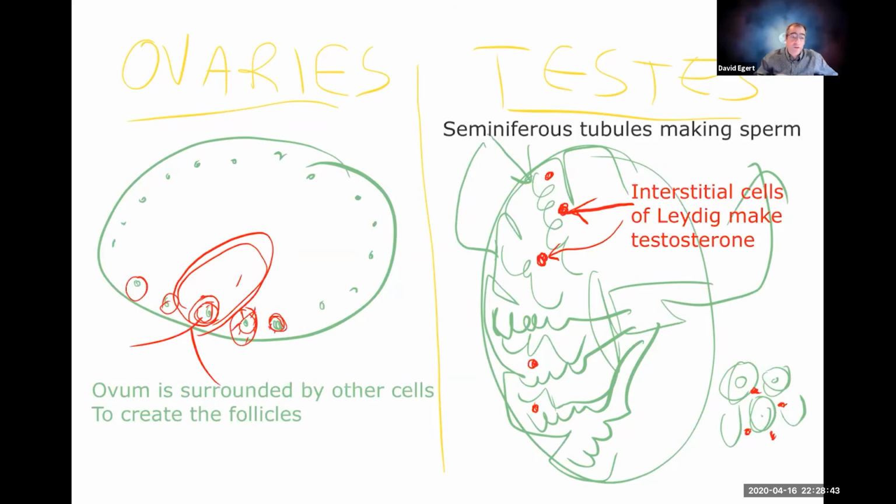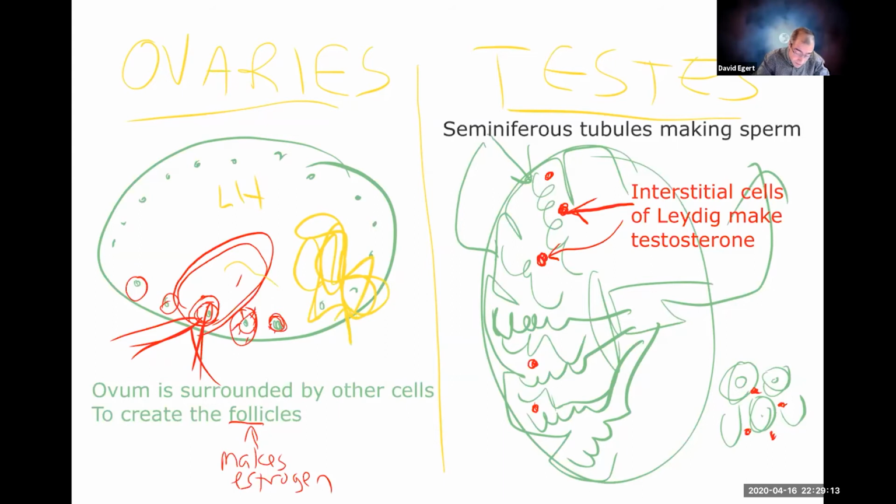The one thing I do want to say is this follicle makes estrogen, in addition to maturing the structure around the egg. And after ovulation happens, again, because of luteinizing hormone, this whole thing becomes what's called the corpus luteum. And the corpus luteum makes progesterone.